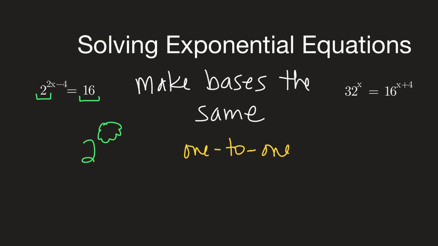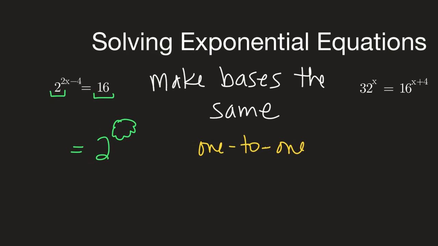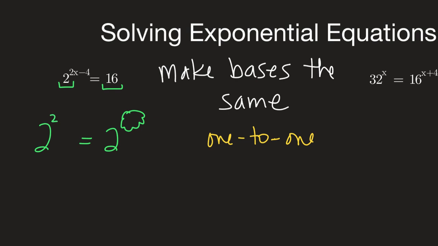So if my bases are the same, okay, so if this is 2 to the 2x minus 4 power, and this has a base also, then by that property of it being 1-to-1, these exponents must be equal. Okay, because if the left side is actually truly equal to the right side, then everything about those things must be the same. Okay, so it's a pretty handy property.